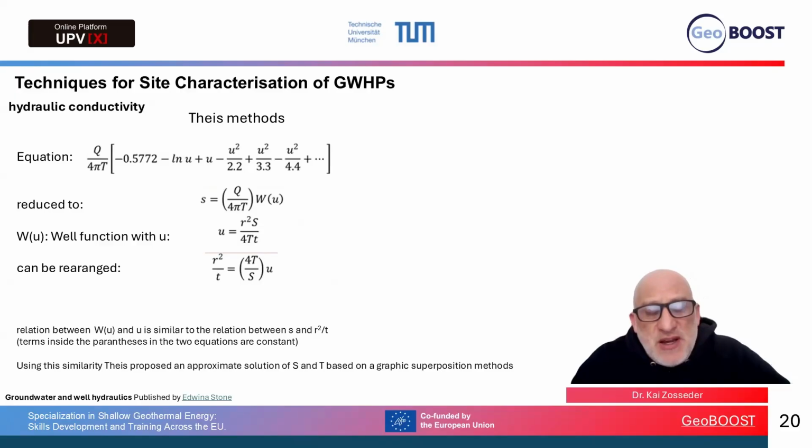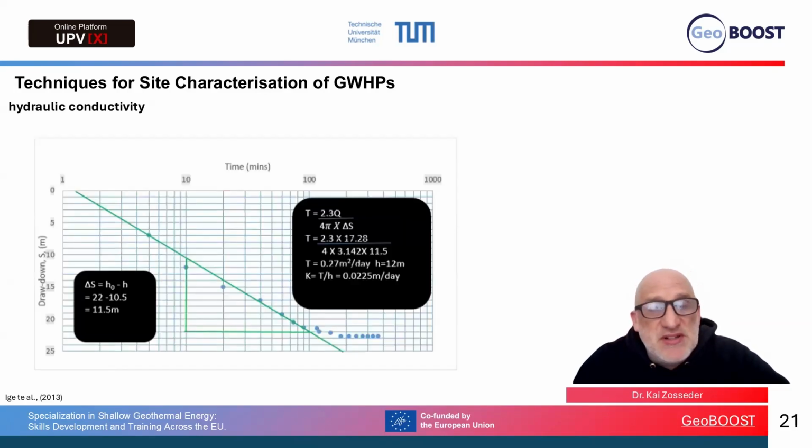So, with these values, you try to fit some curves by a superposition methodology. So you have your measured parameters and you try to fit them to the theoretical well curve from Theis, for example. So how does it work?